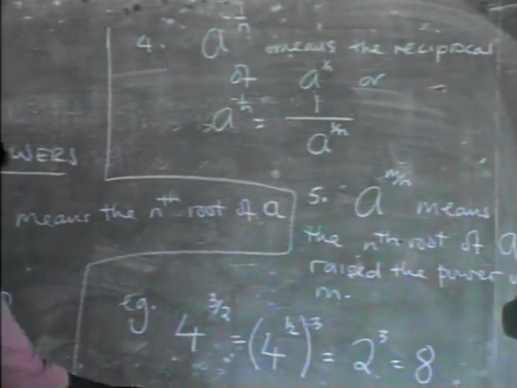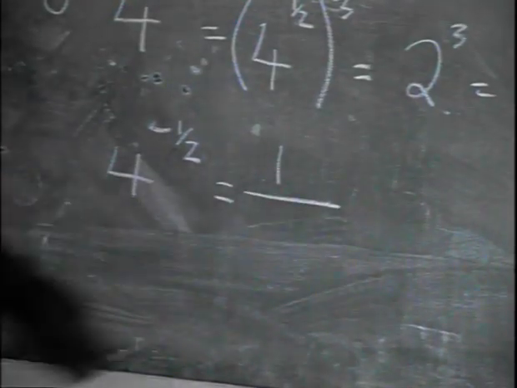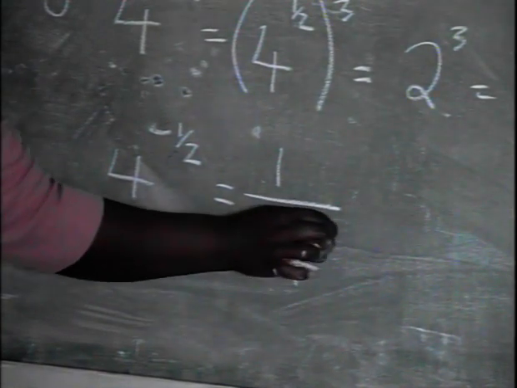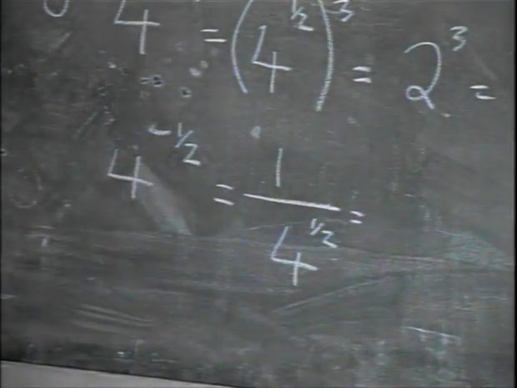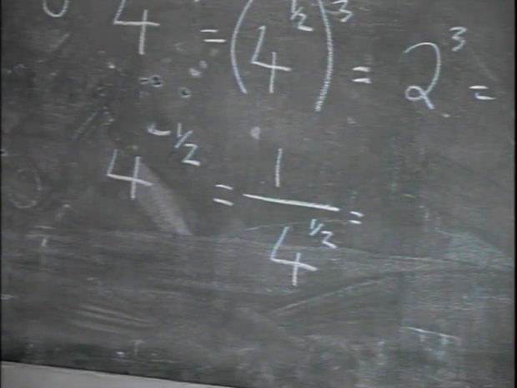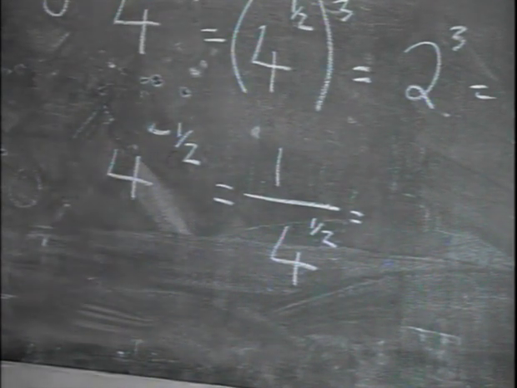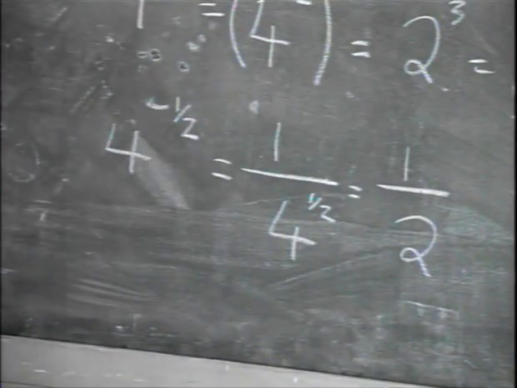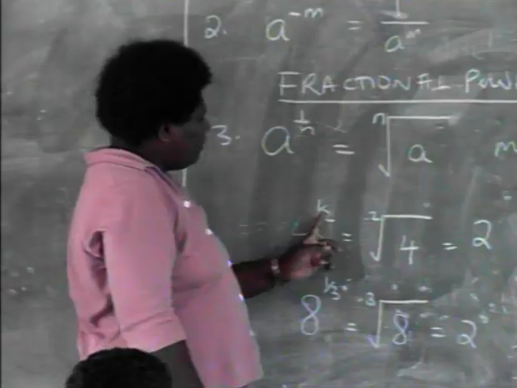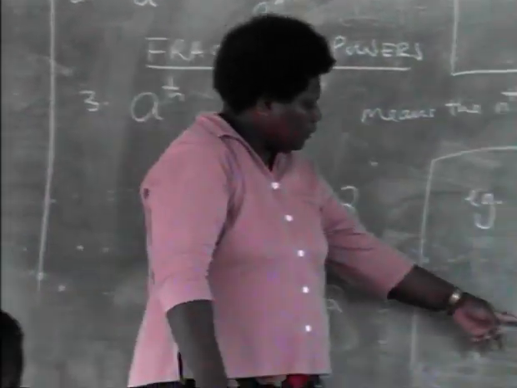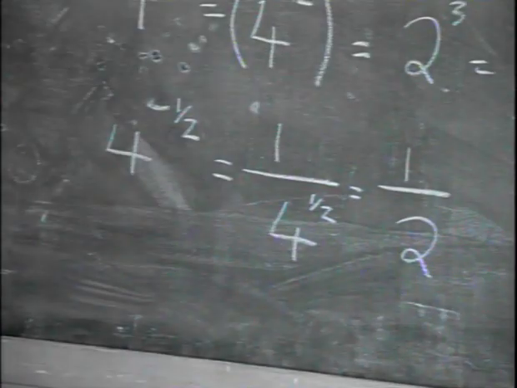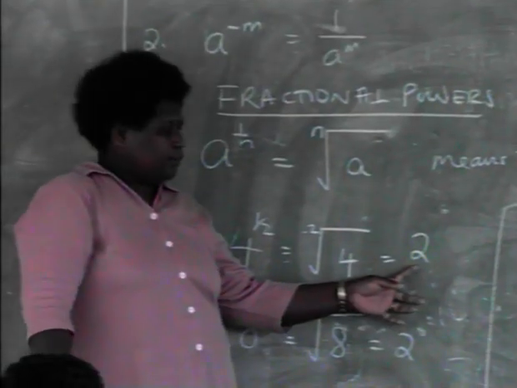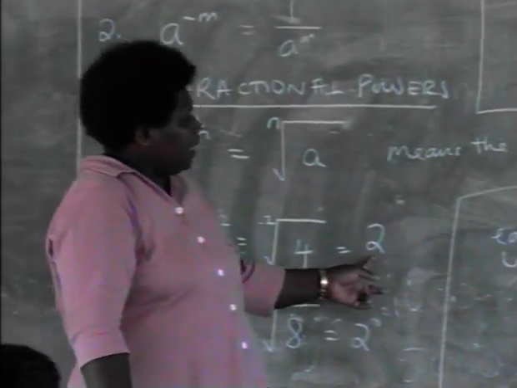So what I will do is say 1 over 4 to the power of a half. And 4 to the power of a half is the same as saying the square root of. So 1 over 2. If 4 to the power of a half is 2, then 4 to the power of negative a half is a half, because it should be the reciprocal of this. The reciprocal of 2 is a half.